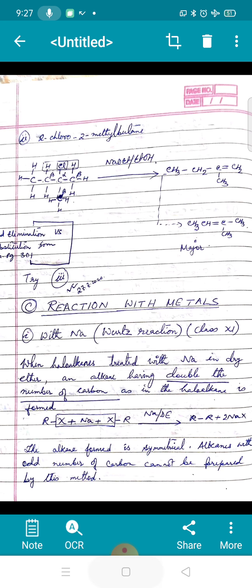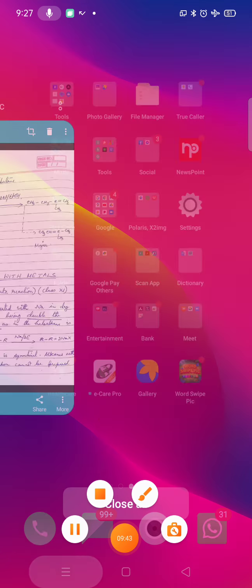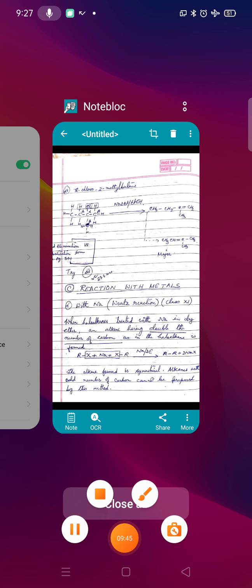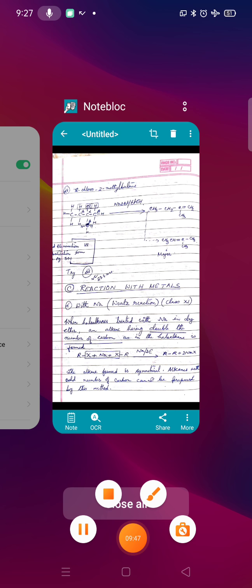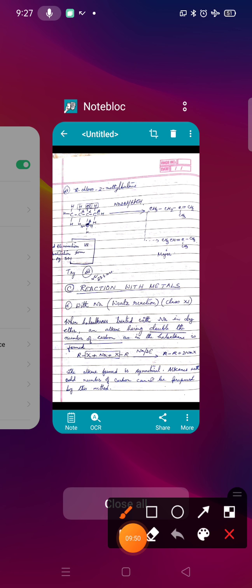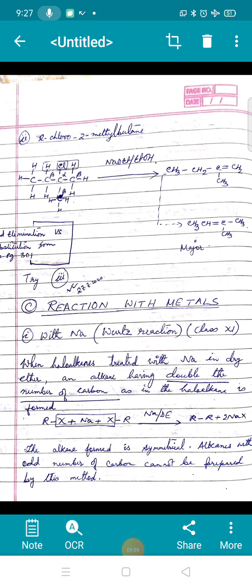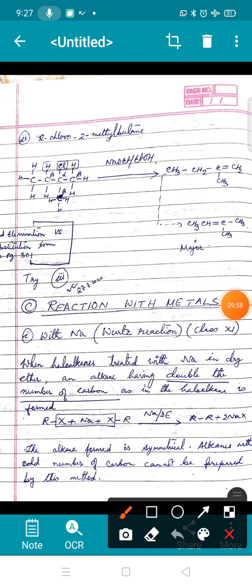So you look here, let us concentrate on these two carbons. What do I have here? This carbon is attached to one carbon, two carbons.